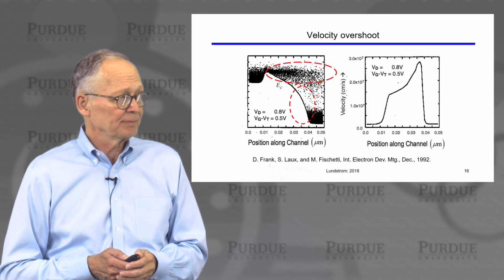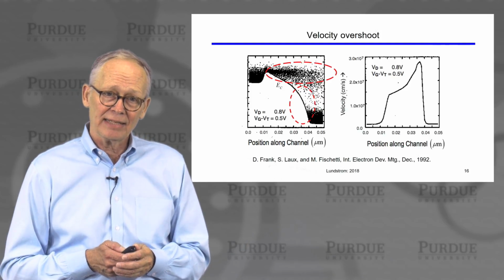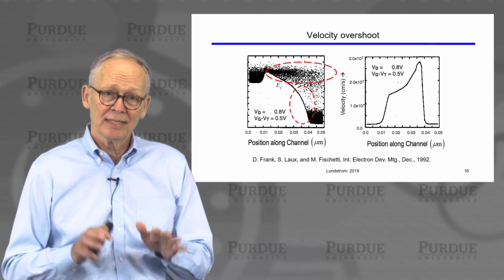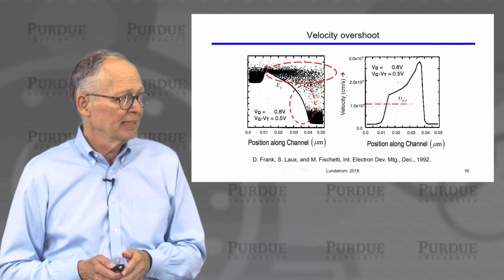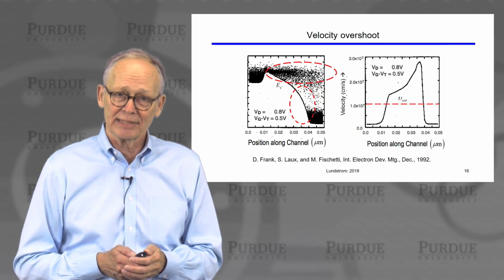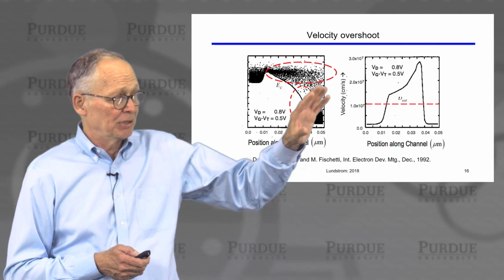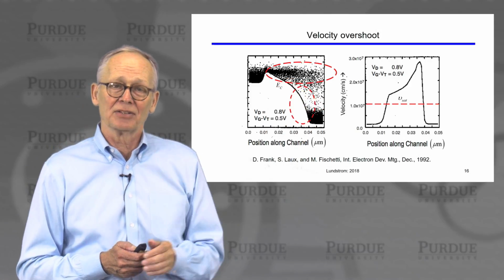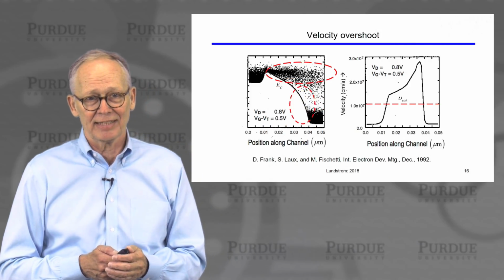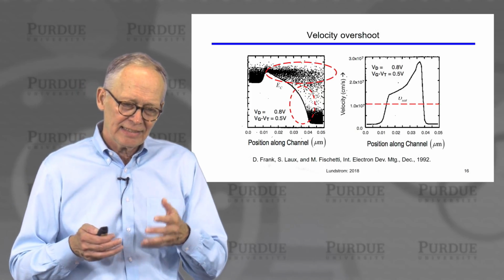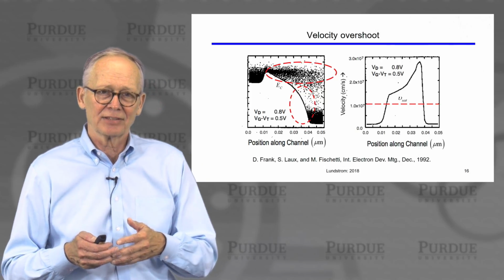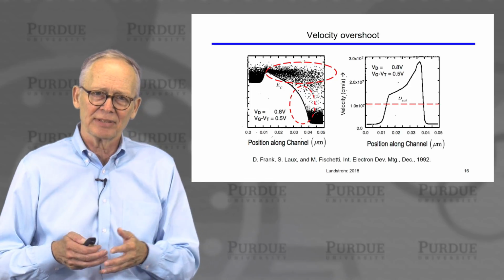And if you look at that, you'll say, wait a minute, my high field saturation velocity, presumably the fastest electrons can go in silicon, is 1 times 10 to the 7th right there. But you can see that over the entire channel, the electrons are going significantly faster. Now, to treat this quantitatively involves a lot of detailed considerations of band structure and scattering physics.